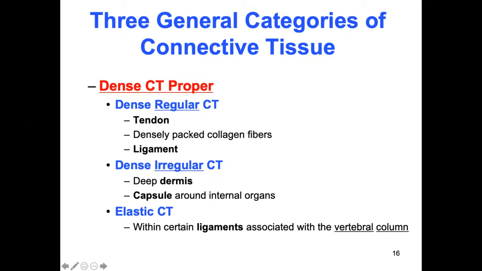They are interwoven very tightly packed together. So it looks very regular under a microscope, whereas dense irregular, now we have these collagen fibers that are interwoven, not in a parallel organized fashion, but very disorganized. So we can find them in the dermis. And then elastic connective tissue, we find these with certain ligaments for elasticity.